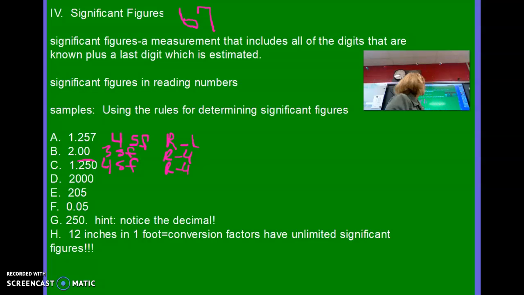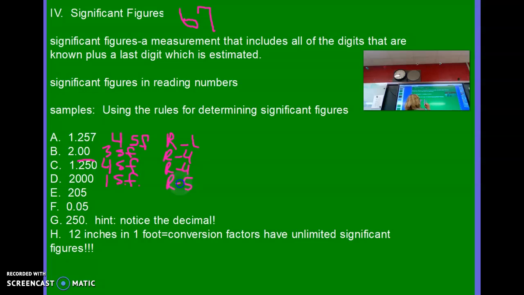This is 1 significant figure. The reason is because I probably just don't have a very precise measuring device. Otherwise, I probably would have got a lot closer than to the nearest thousands, right? And again, this is rule 5.